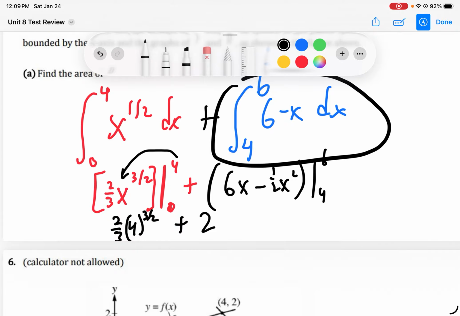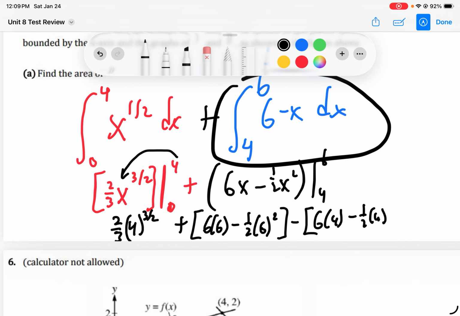That is the area of region R. But if I didn't recognize that and I did this, I would say this is 6 times 6 minus half of 6 squared, minus, plug in 4, 6 times 4 minus 1/2 of 4 squared. And this winds up just being 2, but that's good enough. That's a safe stop right there.